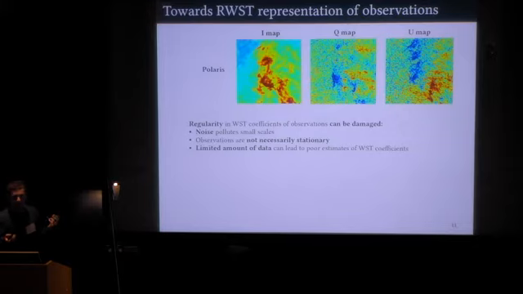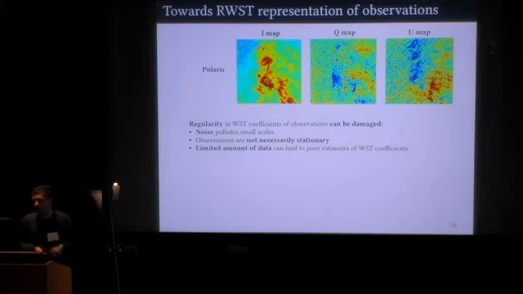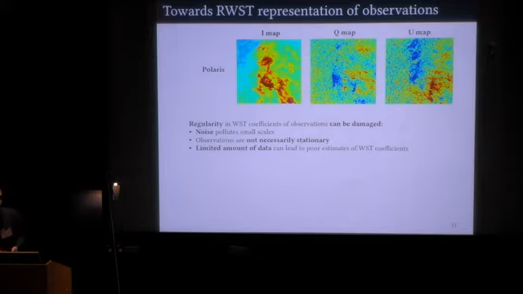The next step would be to use this RWST model for observations. But the issue is that the regularity we're seeing in MHD simulations is not the same in observations, because noise pollutes small scales. We are dealing with observations that are not necessarily stationary, and we are lacking data, so it's complicated to have good estimates of WST coefficients.